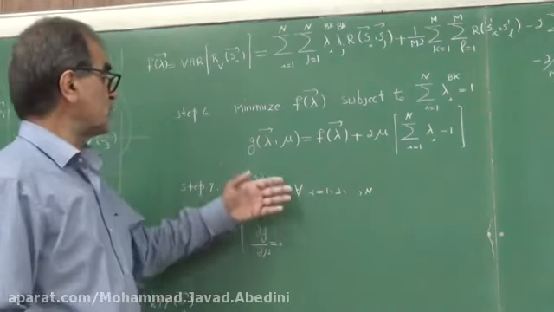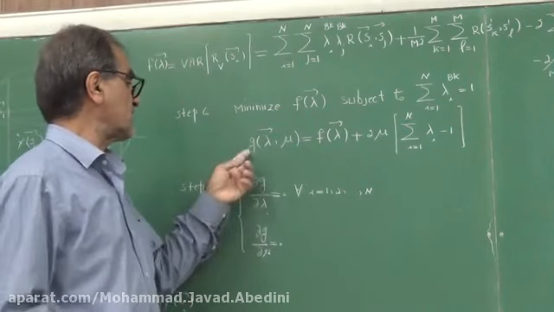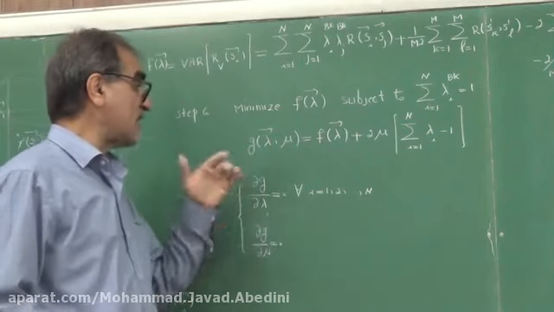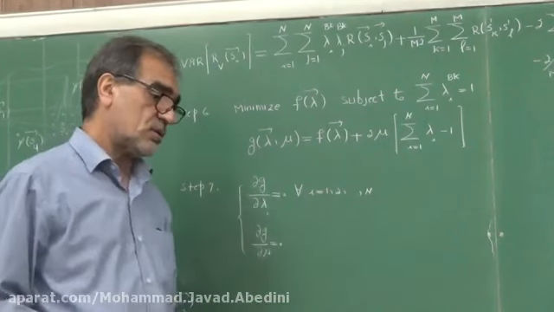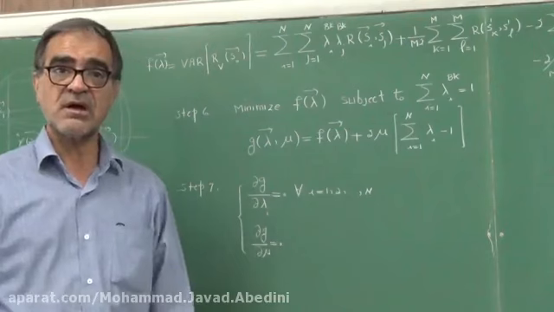What I am going to do is to take partial derivative of g with respect to lambda i, divide both sides by 2, and then put the known on one side and unknown on the other side.